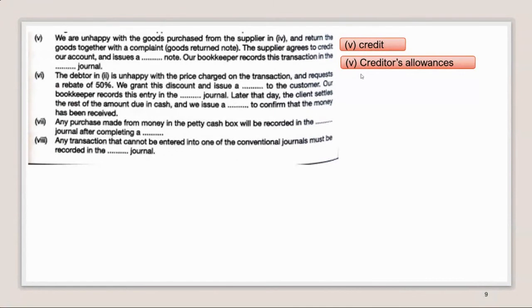Okay, so if we give the customer discount, what document would we give them to show that we have reduced their account balance? What document would we give our customer to show that we have given him discount or that we've granted the discount?